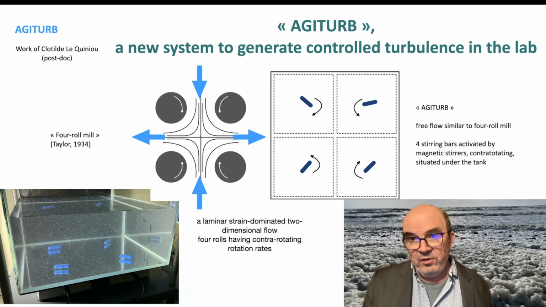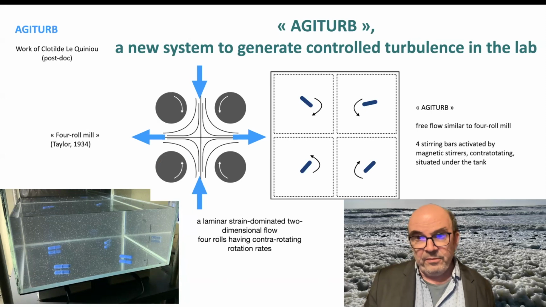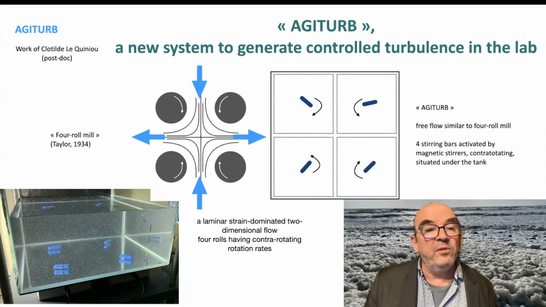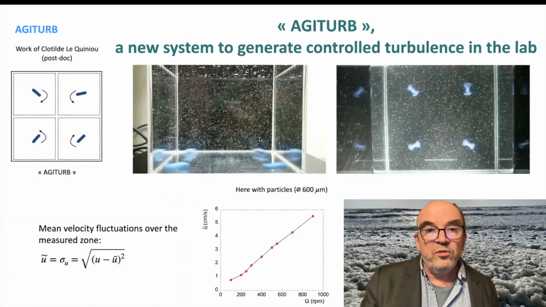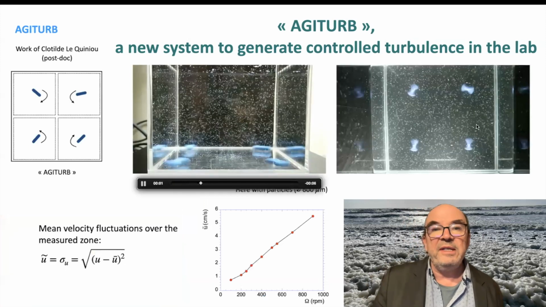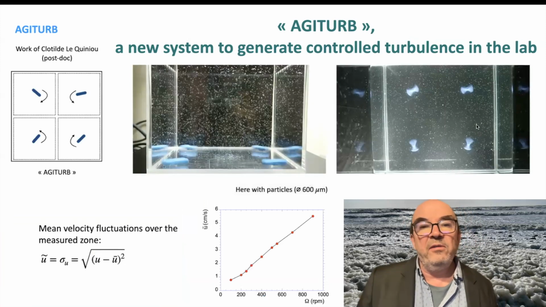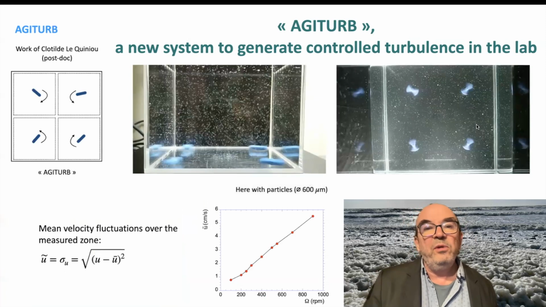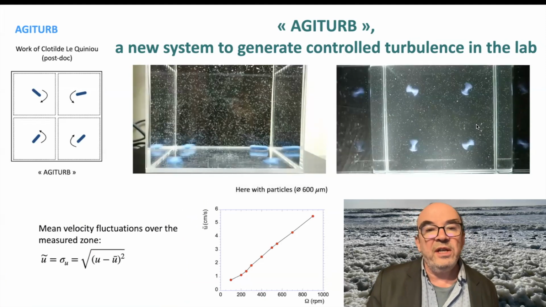So in the Agiturb, we do more or less the same, but in fact we use stirring bars that are activated by magnetic stirrers that are contra-rotating and are situated under the tank. We can see it in the picture here, and also in the two movies here, there is a side view and a top view, with particles in the system, and we can see how the turbulence is generated.